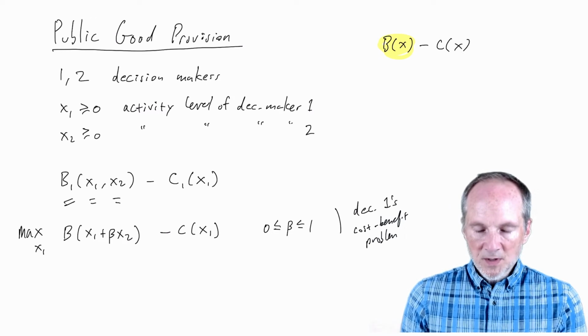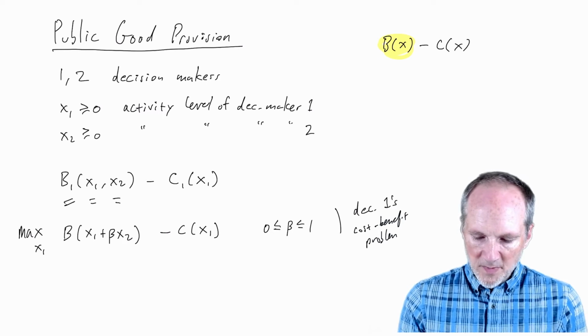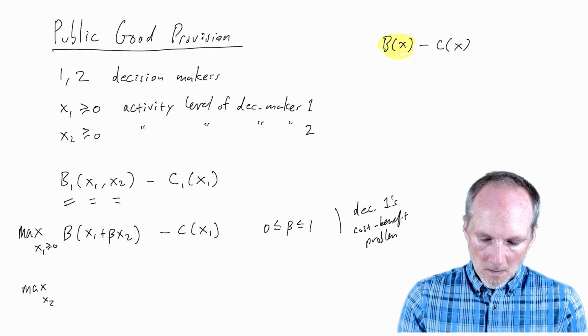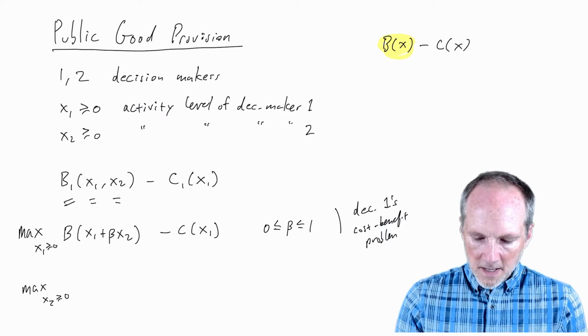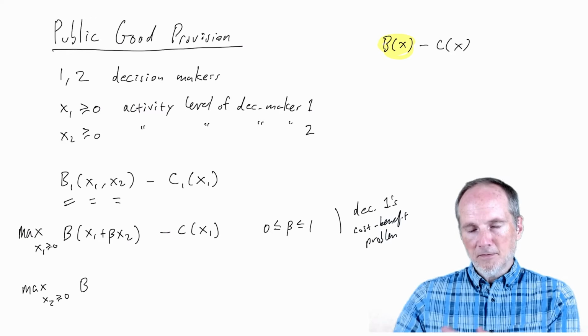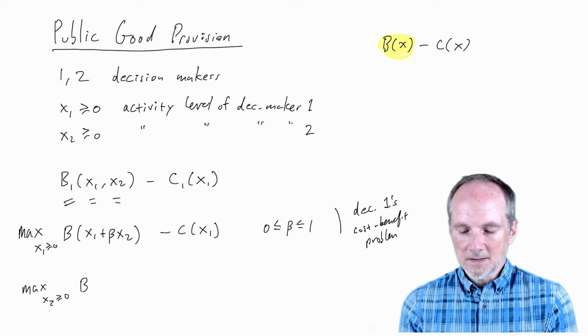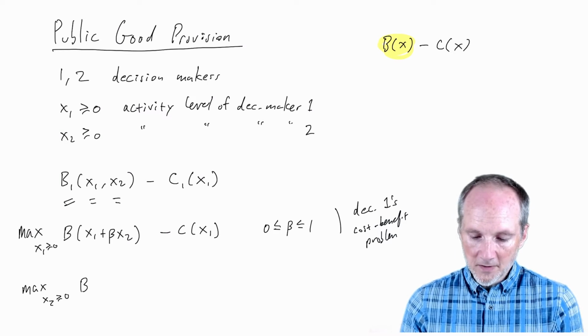And person 2's cost-benefit problem is going to be to maximize. Now they're going to choose an x2 instead of an x1. And they're going to maximize the same thing, but now from person 2's perspective. So things are going to be flipped here.